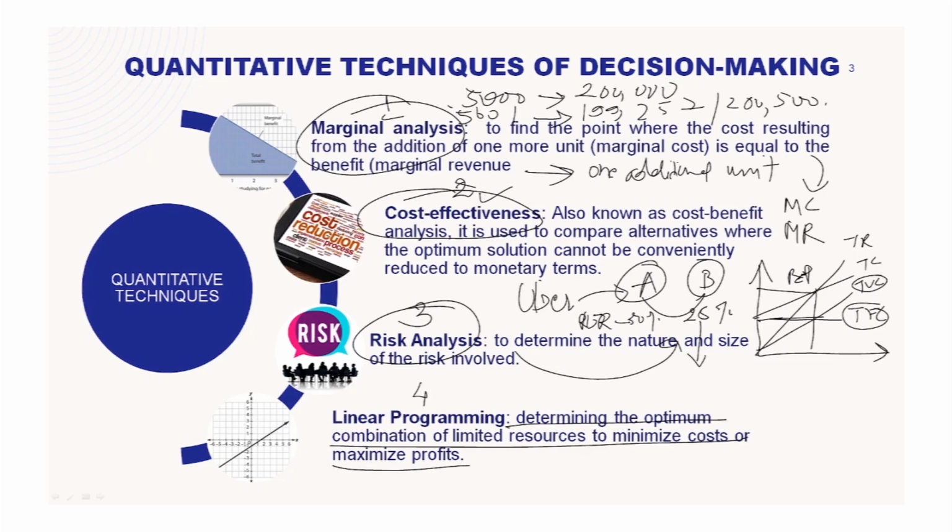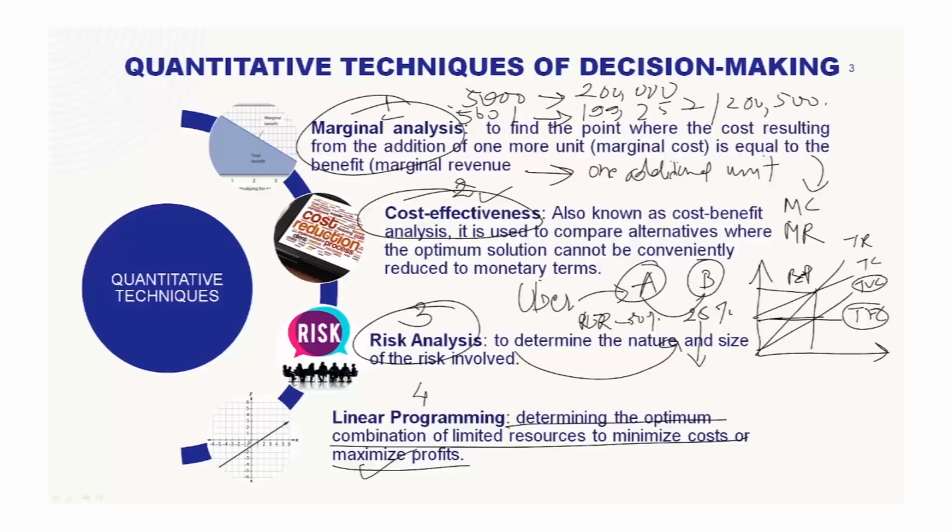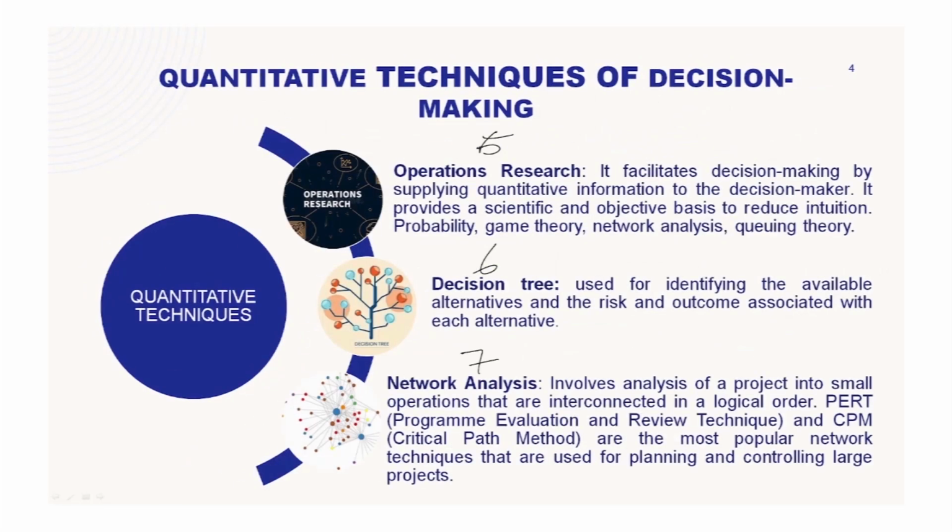Linear programming is one of the important techniques in decision making, and this technique will give you the optimum combination, like what different kinds of raw material and resources you will be using together, so that your overall cost will be reduced or profit will be increasing. Which mixture is more beneficial for the company, the linear programming method will give you an idea about it.